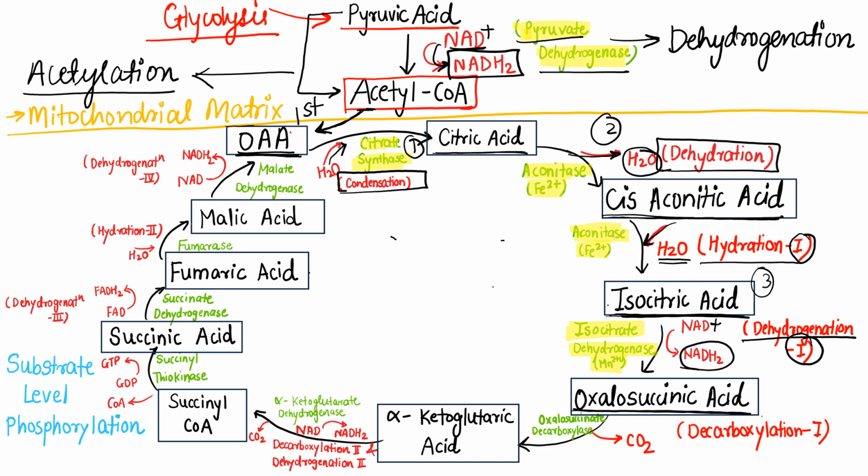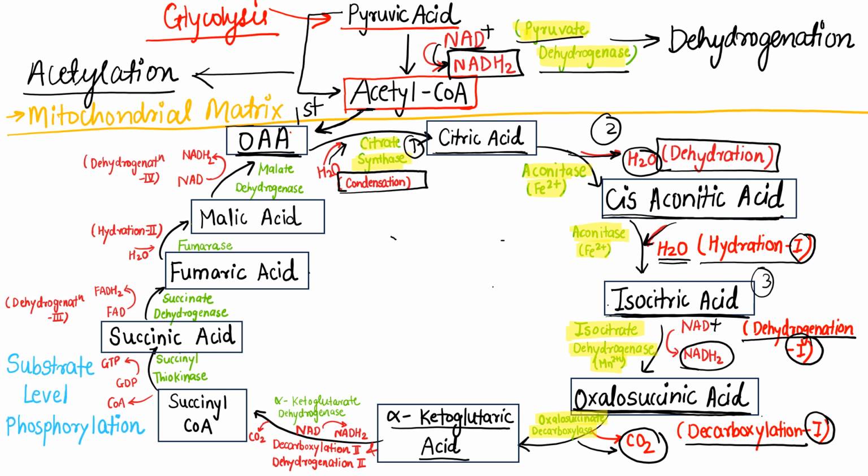Now fifth step is conversion of oxalosuccinic acid into alpha ketoglutaric acid. Here decarboxylation takes place, that is removal of one molecule of CO2. This is the first decarboxylation in this cycle in the presence of enzyme oxalosuccinate decarboxylase, because decarboxylation is taking place.